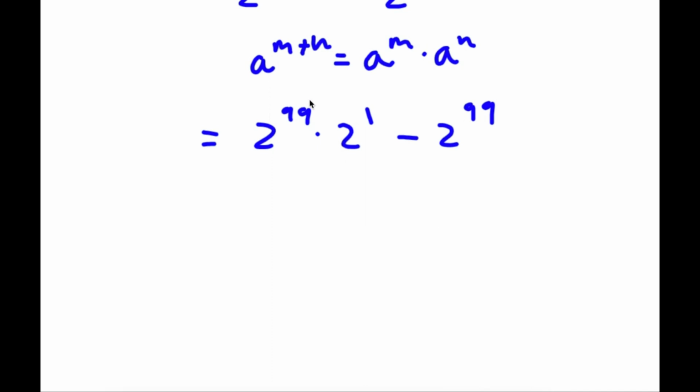So now, because both these terms have 2 to the power of 99, if I factor out 2 to the power of 99, I get 2 to the power of 99 times 2 to the power of 1 divided by 2 to the power of 99 is simply 2 to the power of 1, minus 2 to the power of 99 divided by 2 to the power of 99 is 1. So I have 2 to the power of 99 times 2 to the power of 1 minus 1.